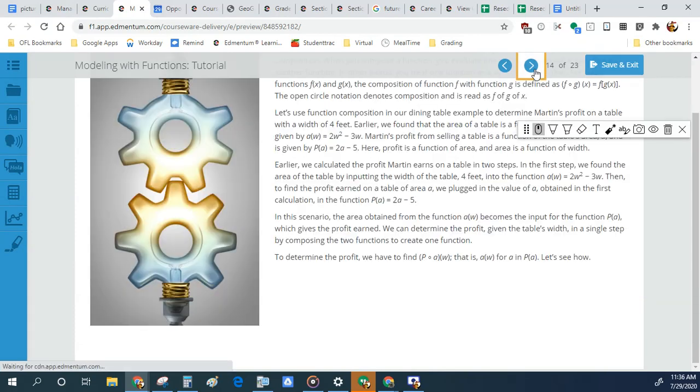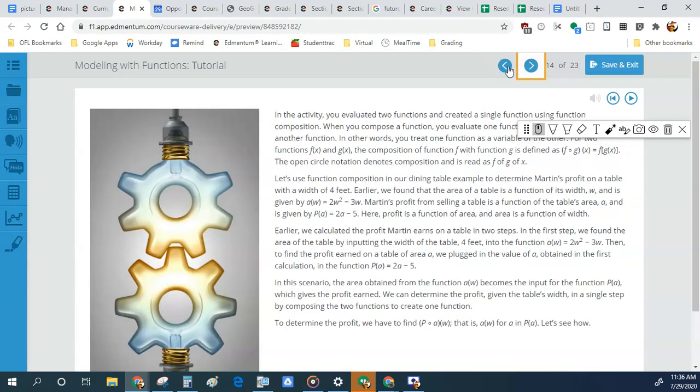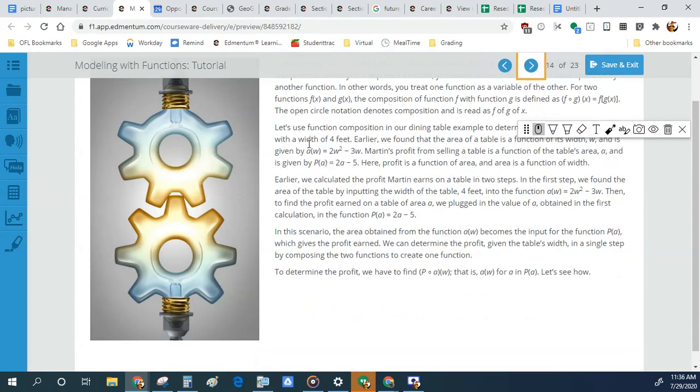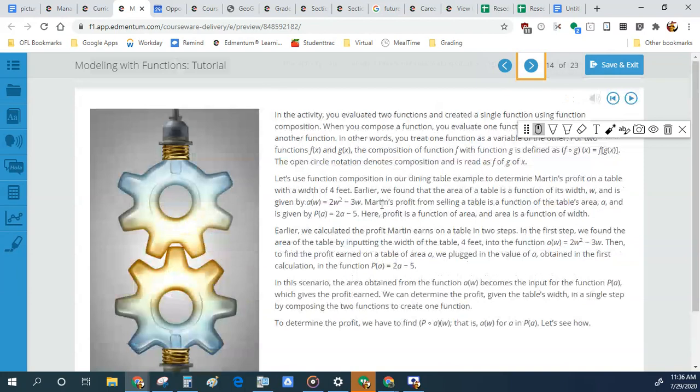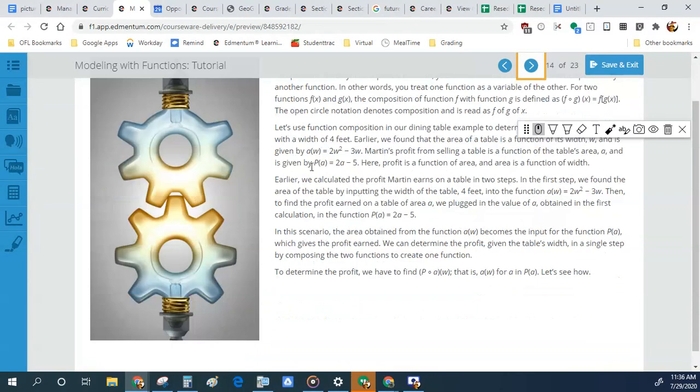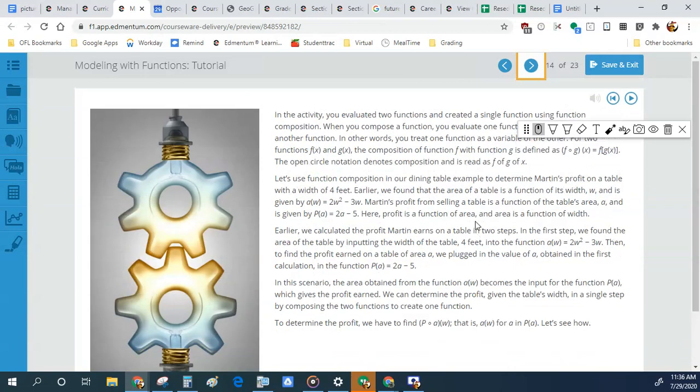All right, so moving on to 14. This is just the idea of combining the functions just like we did, where one input becomes the input of the other function. So that's the TLDR on this: function composition, putting one function into the other function. It's similar to how we were doing it if you add the functions together, if you multiply the functions together. It's the same thing, but now they're just giving you the notation.